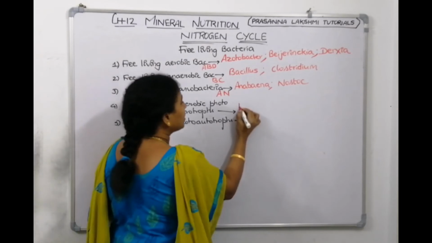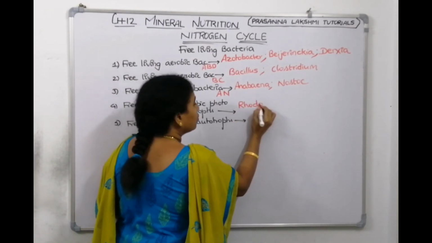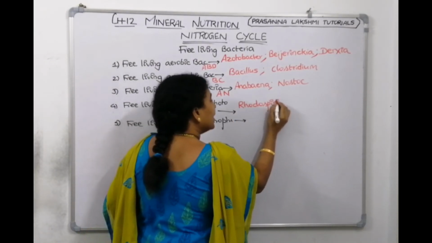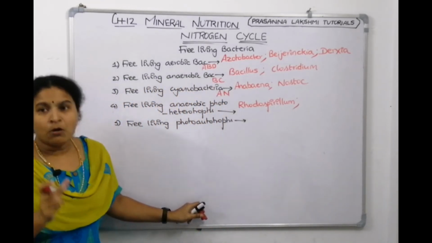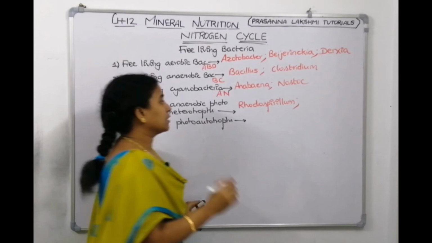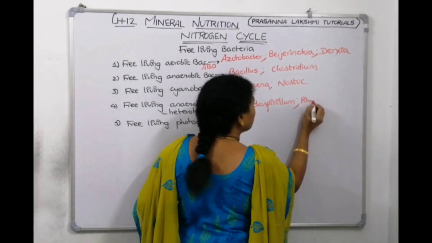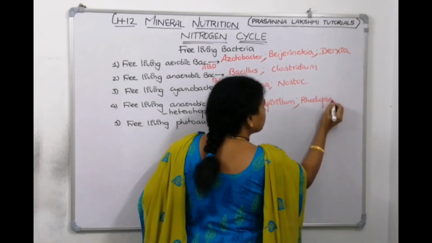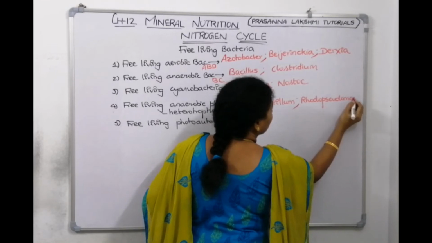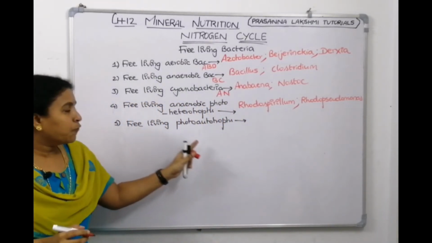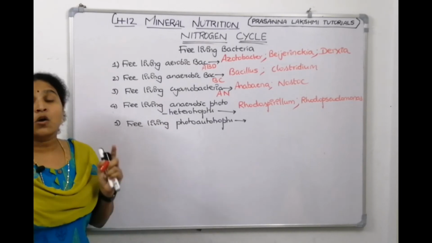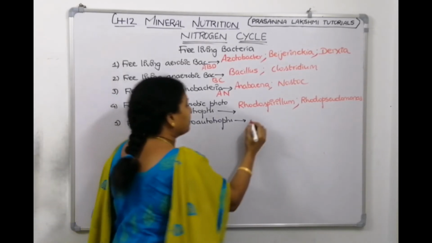Spell with me, Rhodospirillum. Another one is Rhodopseudomonas. Right, children? Then coming to free living photoautotrophic bacteria, Chlorobium is an example.